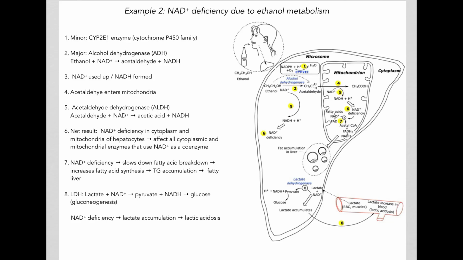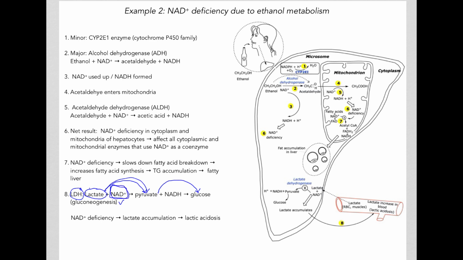Now, under normal conditions, the liver gets lactate from various parts of the body, such as your skeletal muscles and your red blood cells. And then the hepatocytes will convert this lactate into pyruvate. And then this pyruvate is used by the liver to make glucose by gluconeogenesis. Now, the conversion of lactate to pyruvate, catalyzed by LDH, requires NAD.